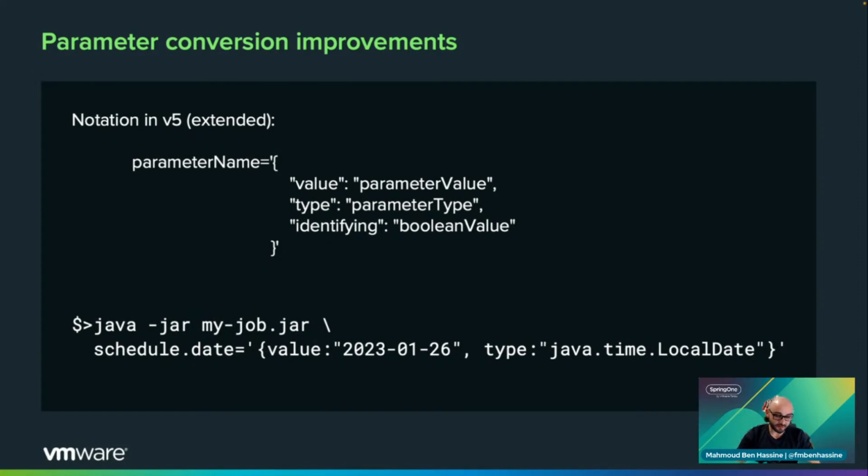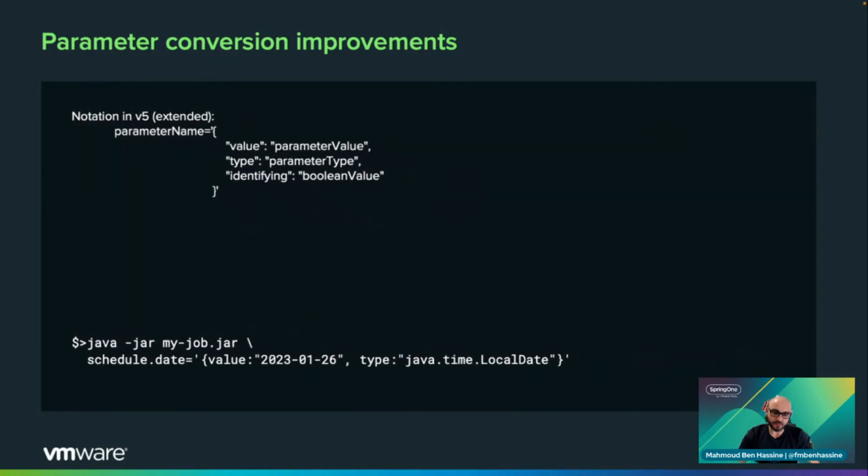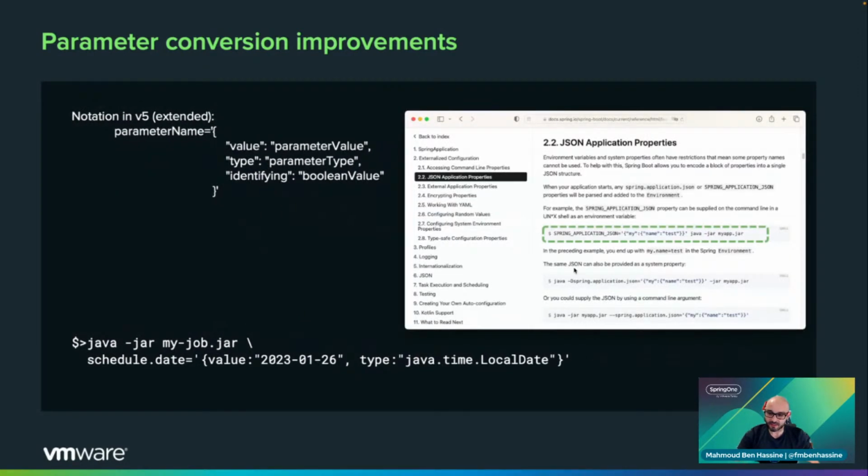The default one is of course easier to use than JSON, but if there is an issue with having the separator in the value, you can always use this one as well. This is actually inspired by the spring.application.json property for Spring Boot. It is a JSON object that you pass to your application, and this is the same idea here.